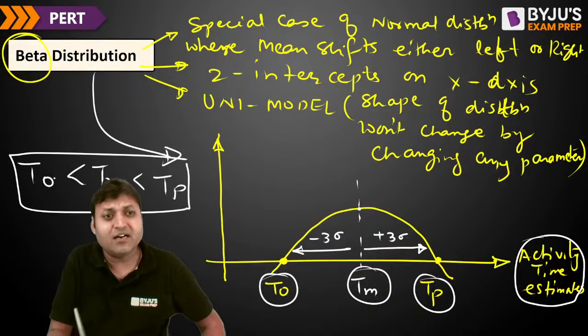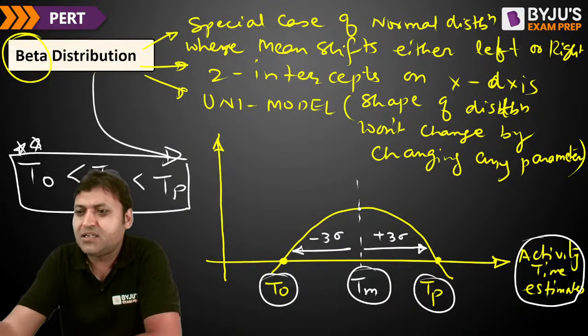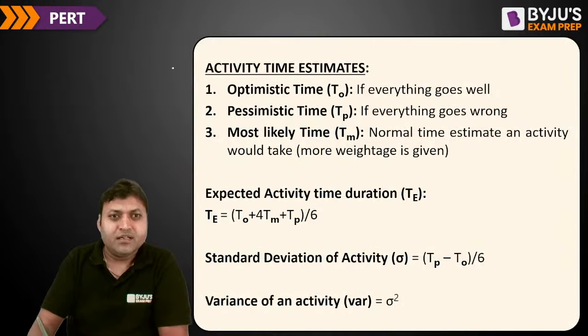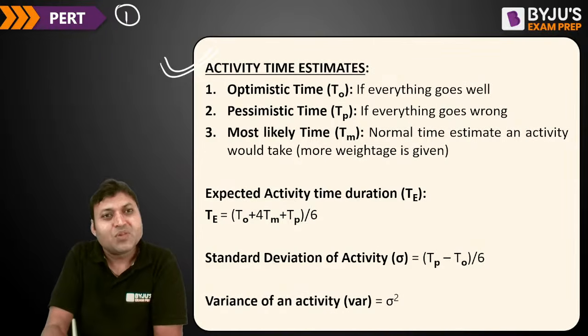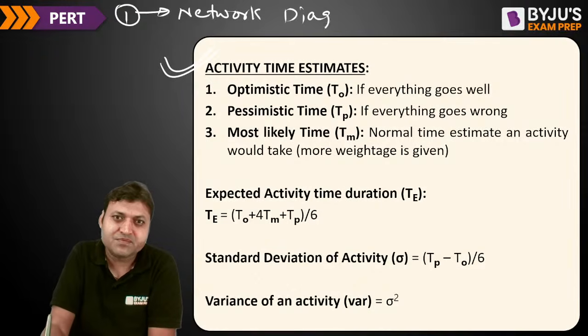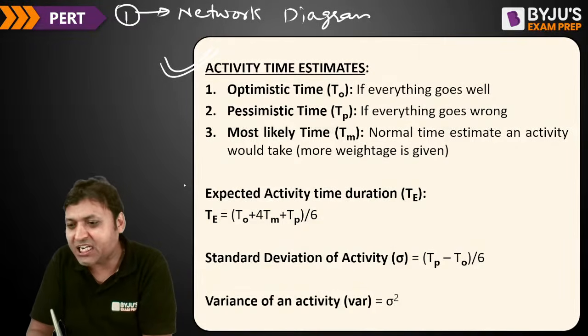What are the definitions of these time estimates? First of all, we need to draw the network diagram using the precedence relationship, and then we need to find the expected activity time duration.